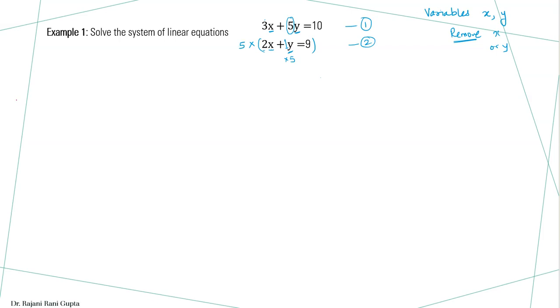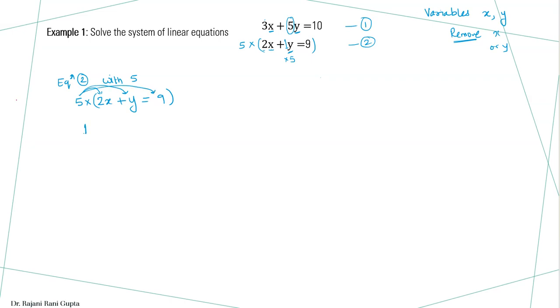Then see, so when you multiply equation 2 with 5, what happened? 5 multiplied with the equation 2x plus y equal 9. So what happened? 5 gets multiplied with 2, with y, and also with 9.